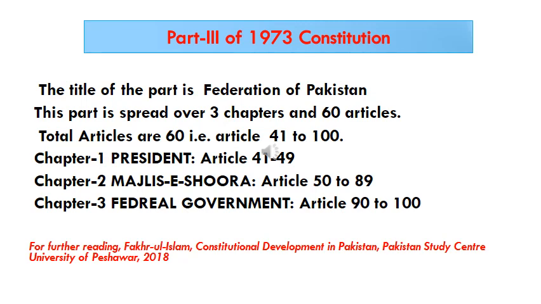The President of Pakistan under the 1973 Constitution is elected by an electoral college consisting of the 2 houses of the Parliament and the 4 provincial assemblies of the federating units or provinces of Pakistan.